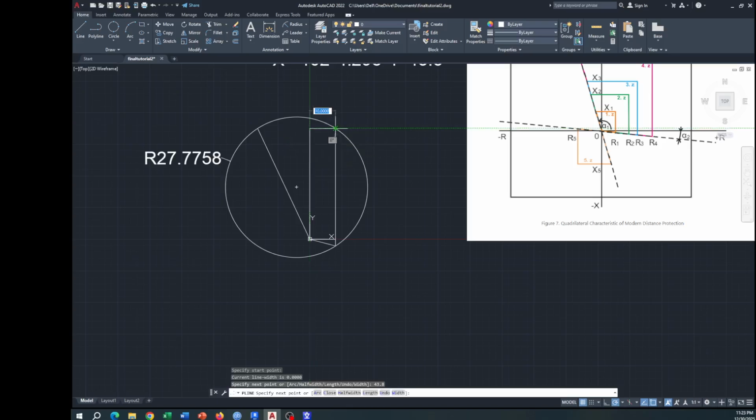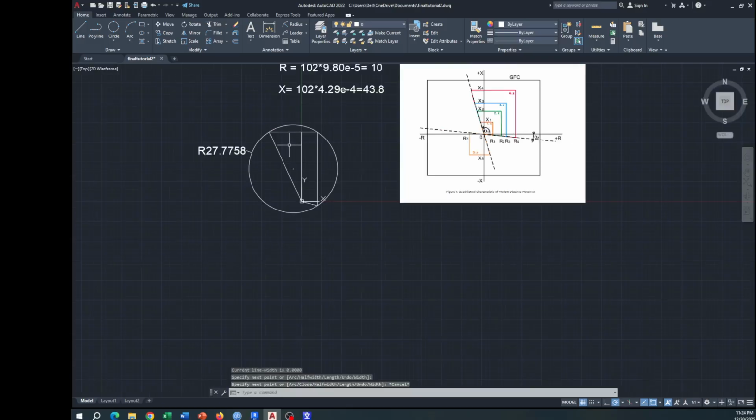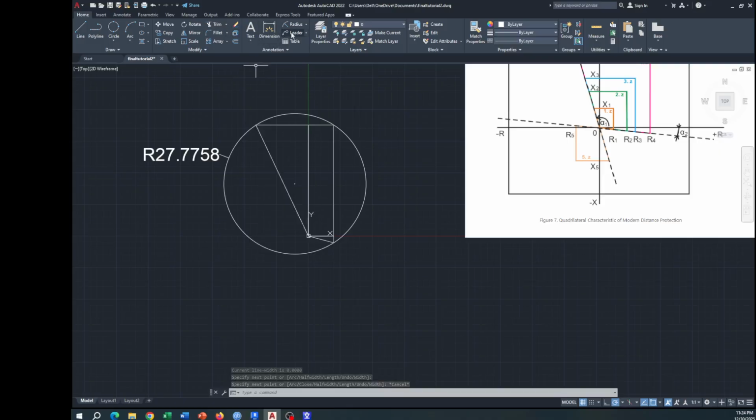Let me extend the line and show you the angle.